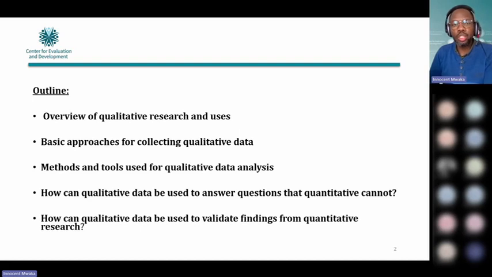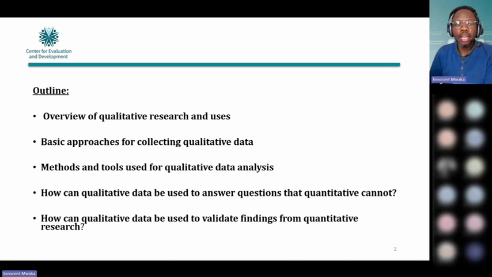So I would like to delve into qualitative research as an introduction, showing you the basic approaches for collecting qualitative data, and then dive into the methods and tools for qualitative data analysis, and how qualitative data can be used to answer certain questions that quantitative methods may not be able to, or might be too expensive to apply.